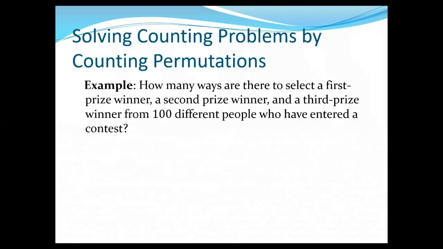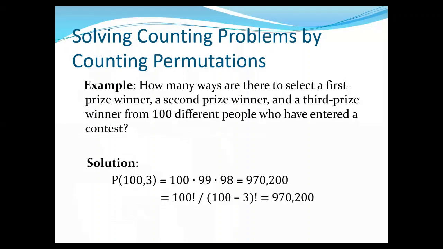Okay, let's have another example. How many ways are there to select a first prize winner, a second prize winner, and a third prize winner from 100 different people who have entered a contest? Again, we have non-repeating winners here. If you're already a winner in the first, you cannot be a winner in the second or even the third.